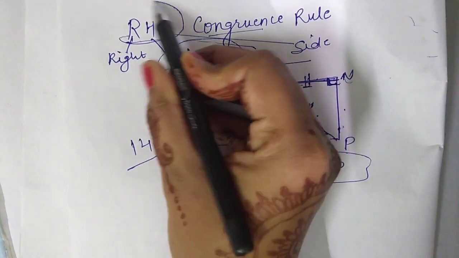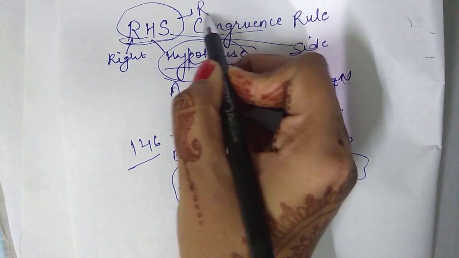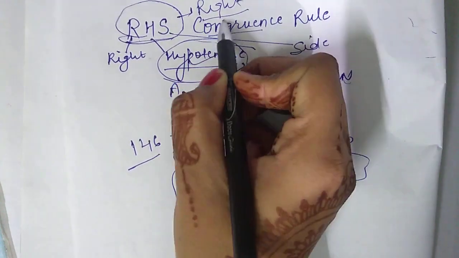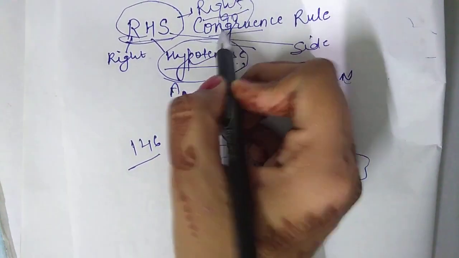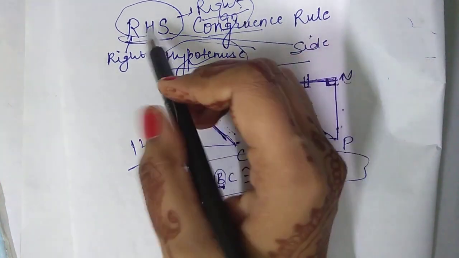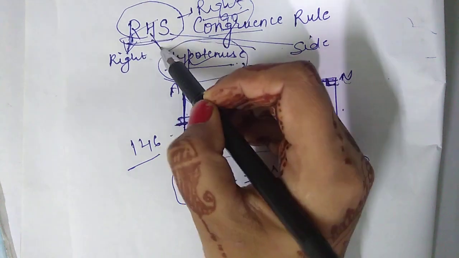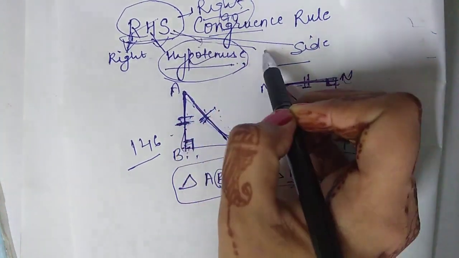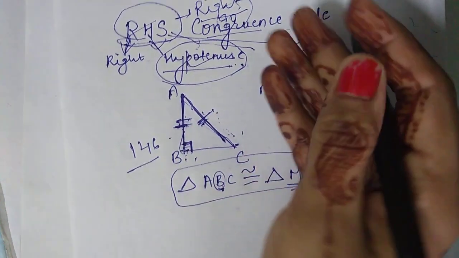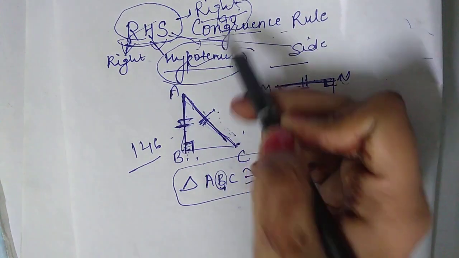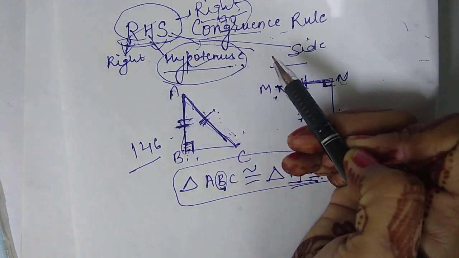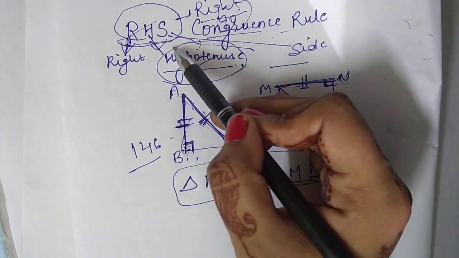RHS you can apply only in a right angled triangle, because whenever a 90 degree angle is present, it is a right angled triangle. So there must be a 90 degree angle, the hypotenuse must be equal, and one side must be equal. It may be base or perpendicular, any one side equal to any side of the other triangle. So this is your RHS rule.